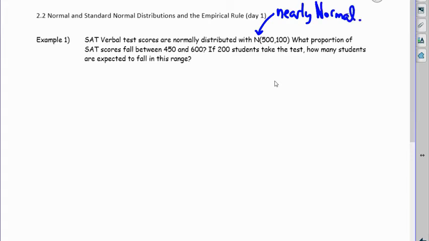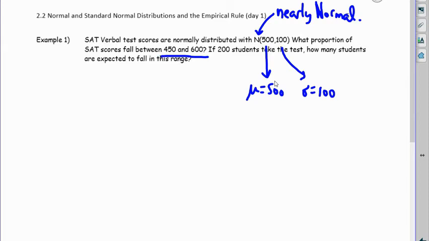And they are telling you that the first number will be the mean, and the second number will be the standard deviation. And SAT test scores don't really have units. But anyway, what proportion of SAT scores falls between 450 and 600? And then if 200 students take the test, how many students would you expect to be in this range?